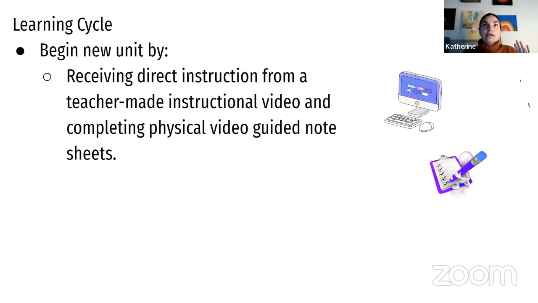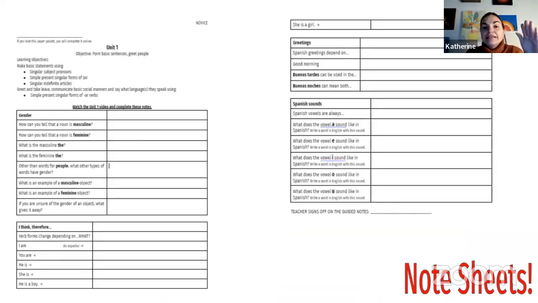And you begin that unit by first watching a direct instructional video that I personally made, and they're completing these video guided notes along the way that I've also created. So I create this packet for every unit. And in this packet, one of the first things they see are the learning objectives that are all from Duolingo, by the way, and then these video guided notes.